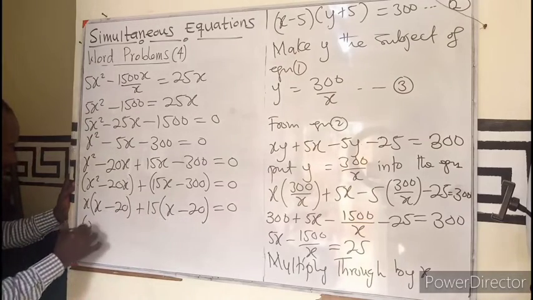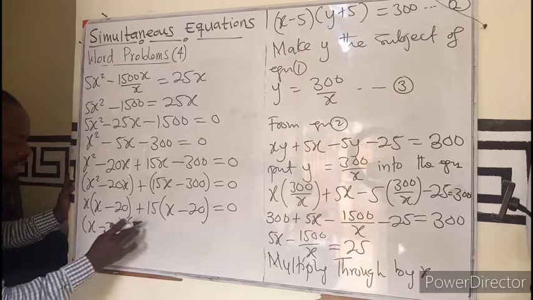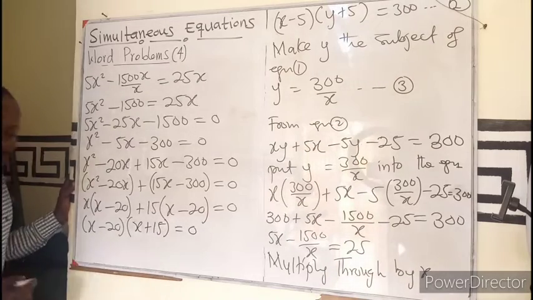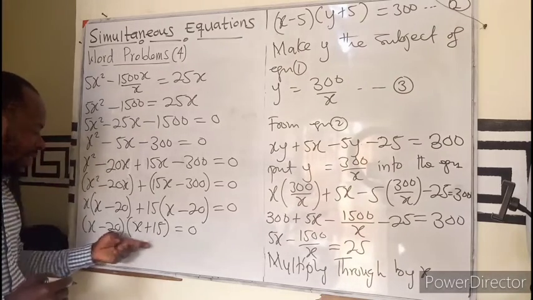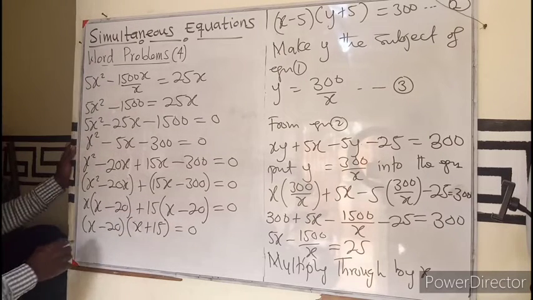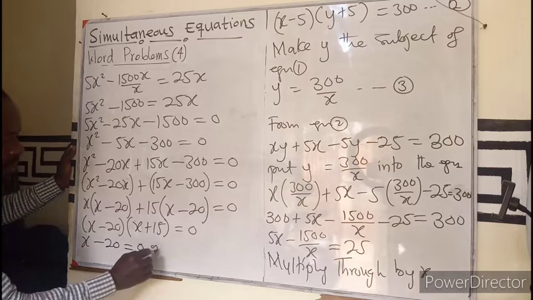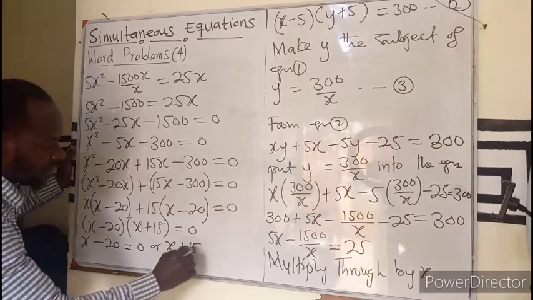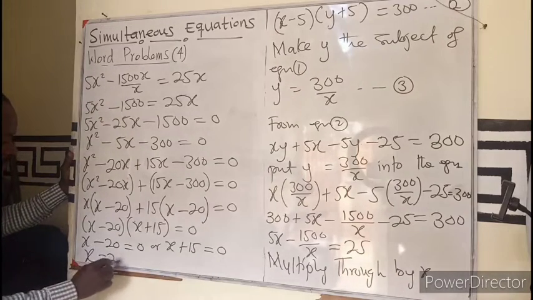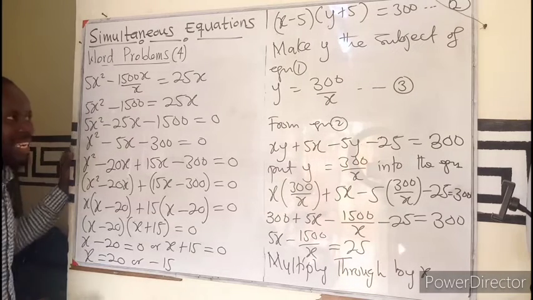So take your common factor, x minus 20, multiply by your external factors, which will be x plus 15, still equals 0. This simply means that one of the brackets is 0. So we are going to have x minus 20 equals 0 or x plus 15 equals 0. That simply means x is going to be 20 in this case, or minus 15 in this case.